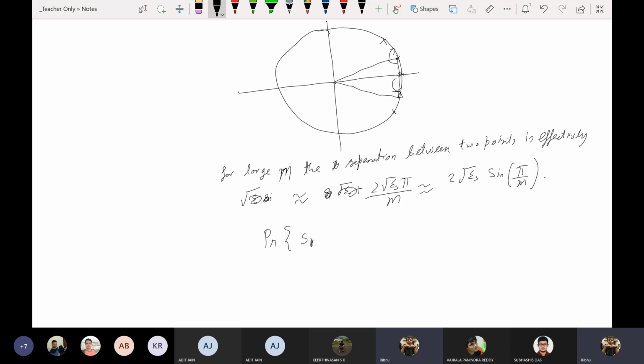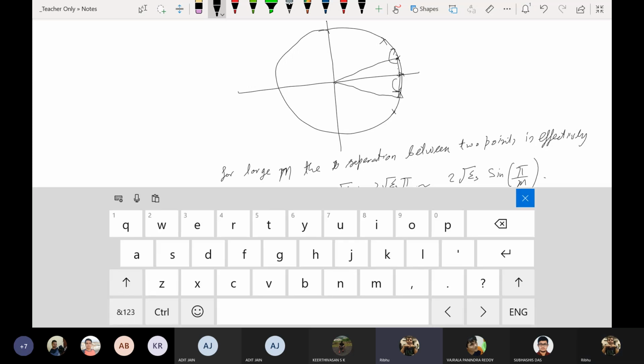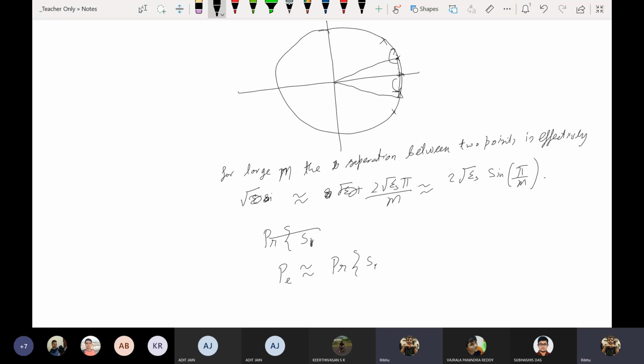So the probability of error approximately equals SM plus 1, SM, right?